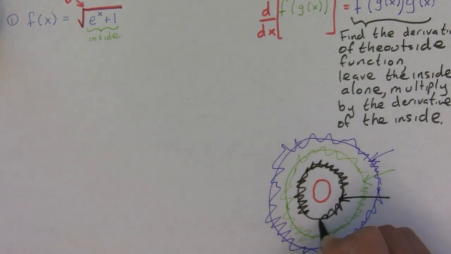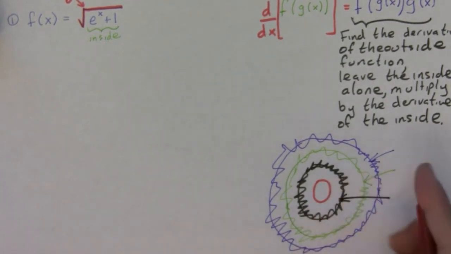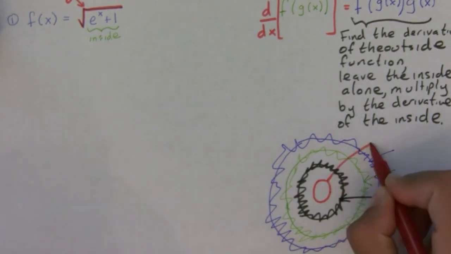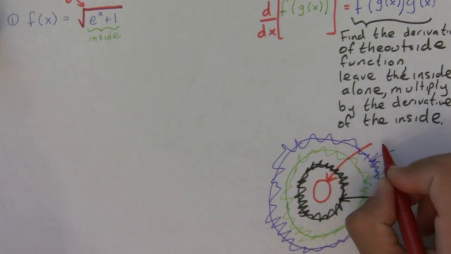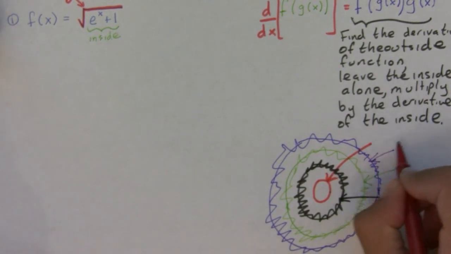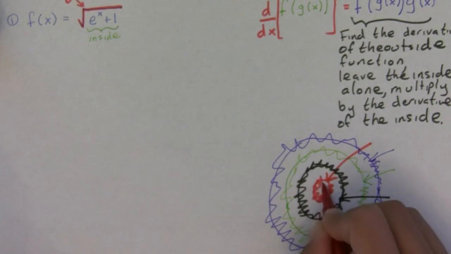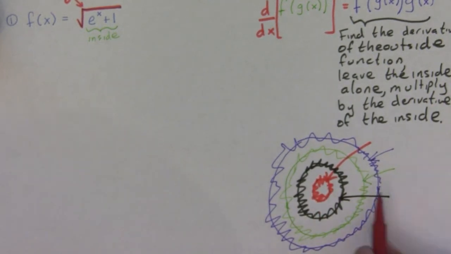You can keep doing this for quite a while, with some pretty big functions, until you get to the most inside function. So this is a case where we have 1, 2, 3, 4 functions.